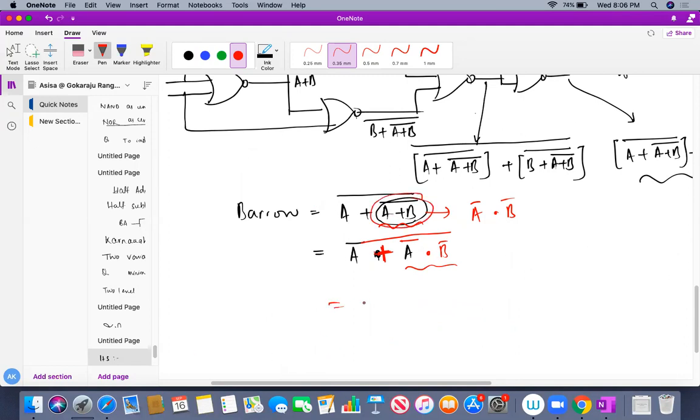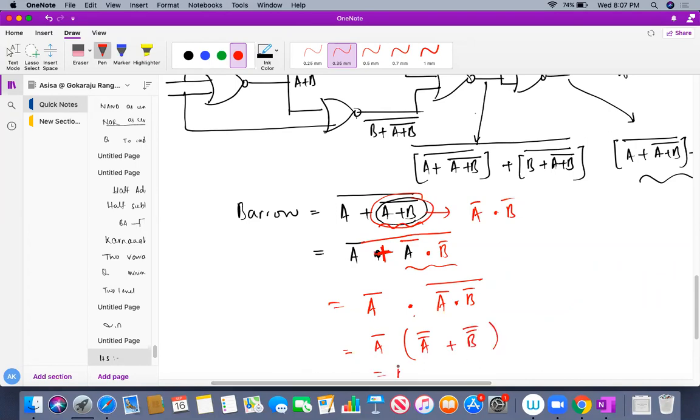Now I can apply again the De Morgan's theorem, which is A bar for this, and this will be my A bar and B bar whole bar. Am I correct, students? Very simple. So this will be what if I do again. So this is my A bar, and if I apply the De Morgan's theorem here, A bars bar or B bars bar.